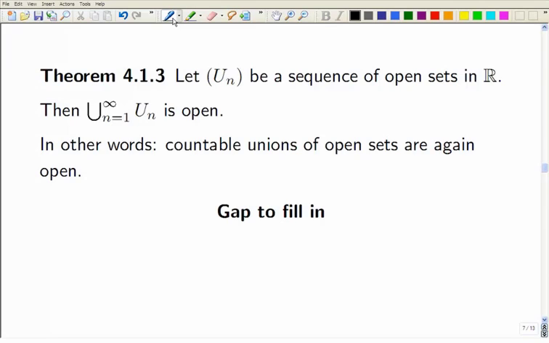So you've got this sequence of open sets, U1, U2, U3, one for every natural number. And now you take the union of them all. The union of them all consists of those points which are in at least one of the open sets mentioned. And the claim is that it's still open. So let's prove it.